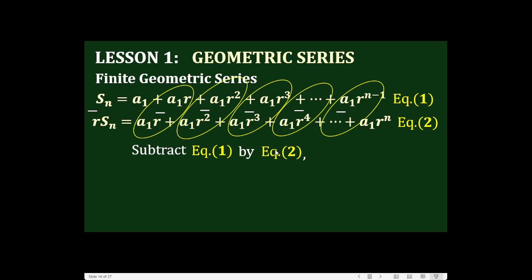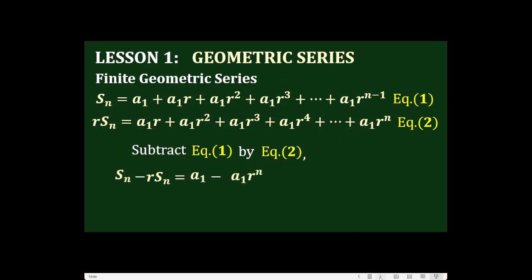And what will remain from the two equations is S sub n minus r S sub n, which is now equal to a sub 1 minus a sub 1r to the n. So the resulting equation would be like this: S sub n minus r S sub n equals a sub 1 minus a sub 1r to the n.